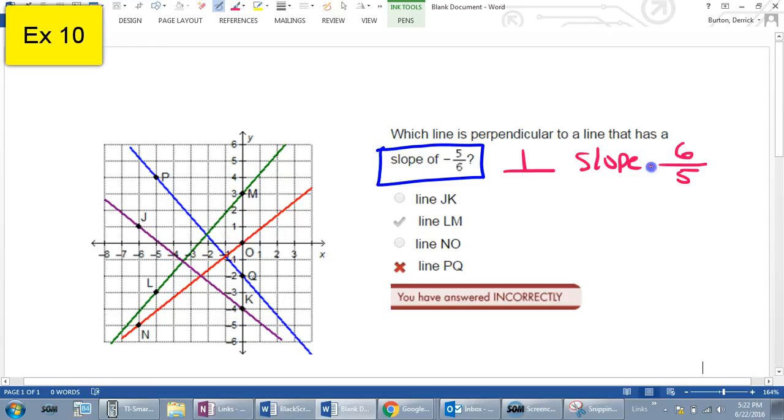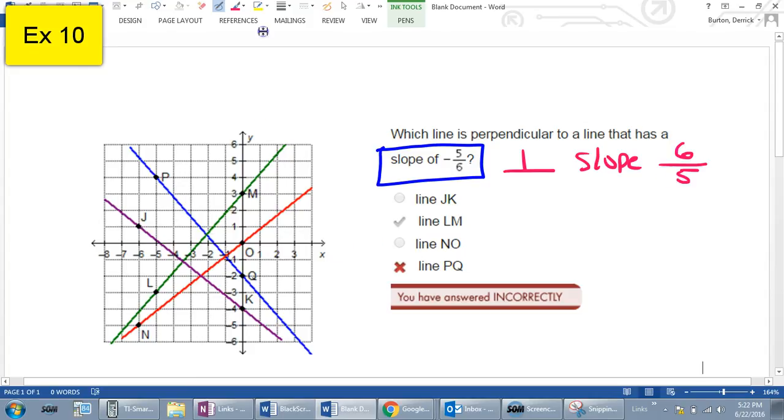So they're saying which one of these lines has slope 6 over 5. Remember, positive versus negative. At a glance, which of these colors are positive slopes? The green one and the red one. So immediately we can forget about the blue and the purple. They're gone. We just focus on the green and the red, and count to see which one does 6 over 5.